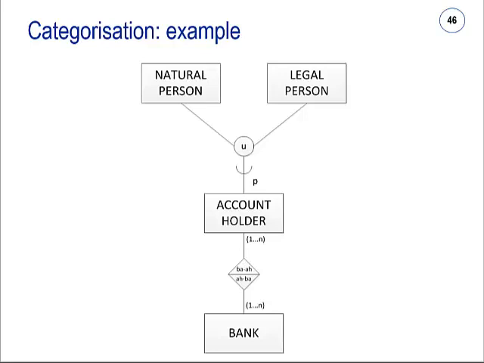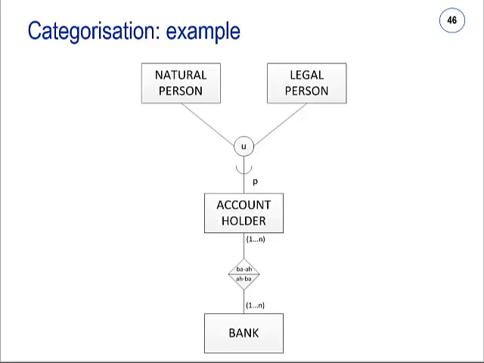An account holder is a natural person. That's not true, because you can have account holders that are legal persons. An account holder is a legal person. That's not true, because you can have account holders which are natural persons. So account holder cannot be a subclass of either natural person or legal person.